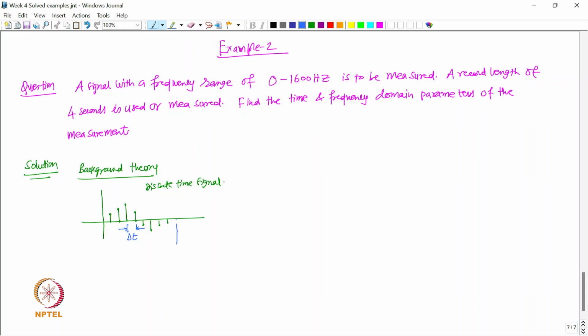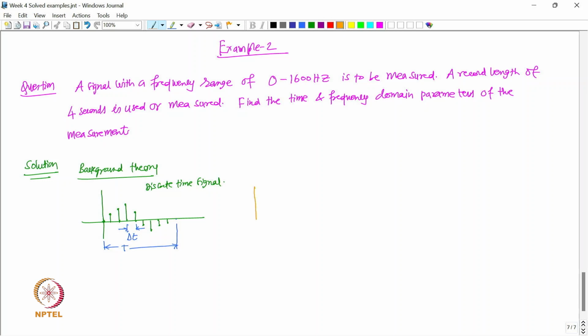So, this is the record length t. Of course, we have the signal here also like this till here.